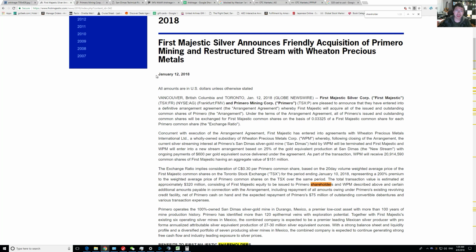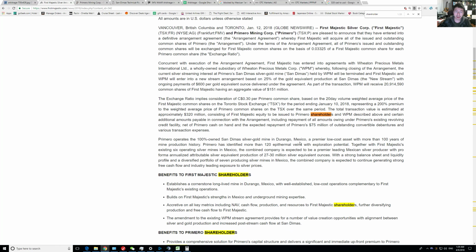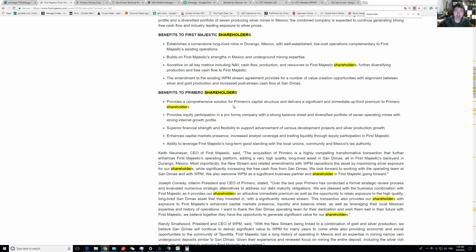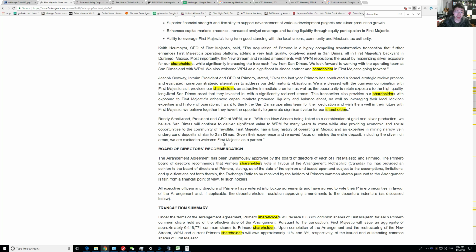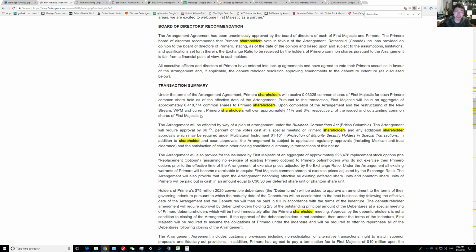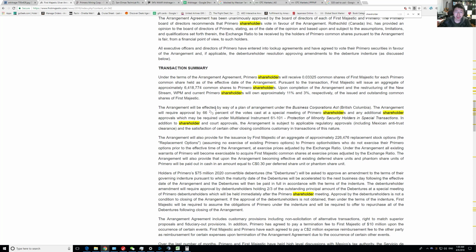Okay, so that was announced on January 12th. And there's some stuff in here that says this is contingent on required approval of 66.666666% of the votes in Primero. So that's one hurdle.